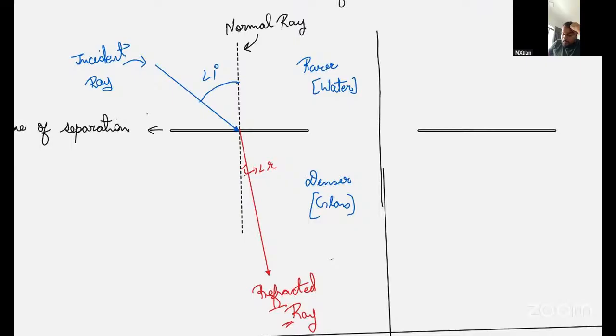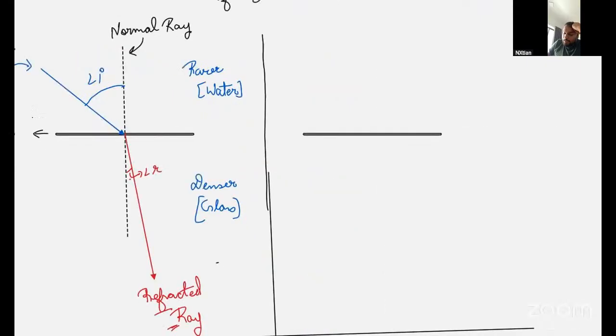Okay. Next one is when light is traveling from denser medium to rarer medium. Turn on your camera, everyone. Anybody, can you tell me an example of this? Now, don't say glass and water. Say anything else.